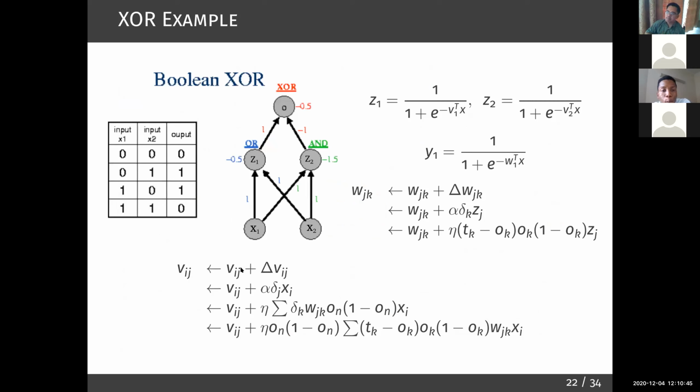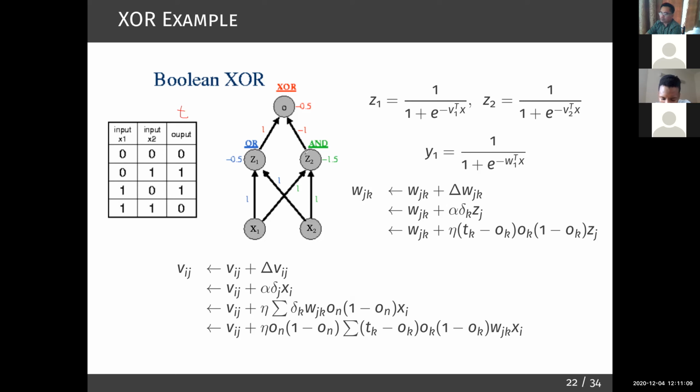Now let's try. We'll solve the XOR example. So the XOR example, again, you have the inputs x1 and x2: 0, 0, 0, 1, and so on, and these are the outputs. These are our target values, those are the T. And what is the output? The outputs are the ones that are computed.